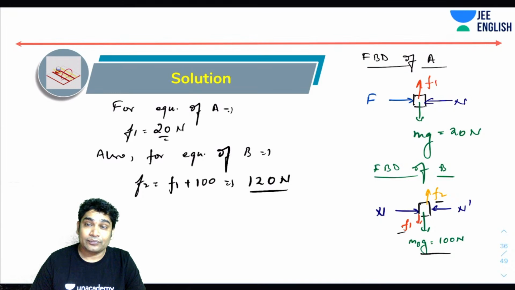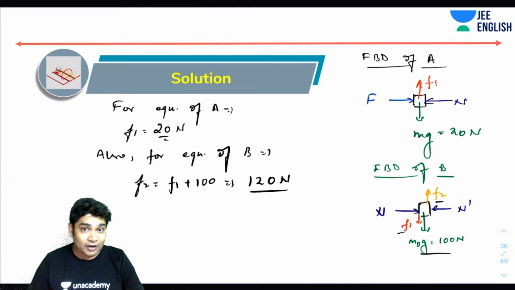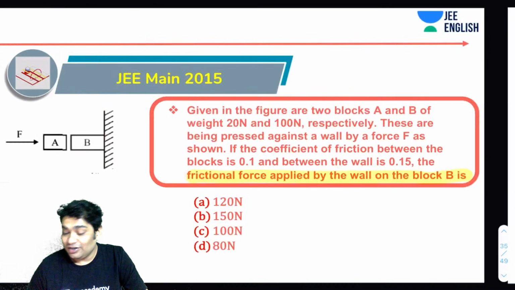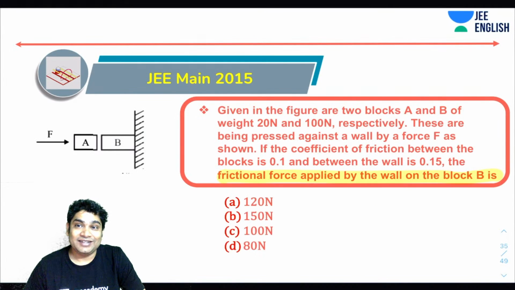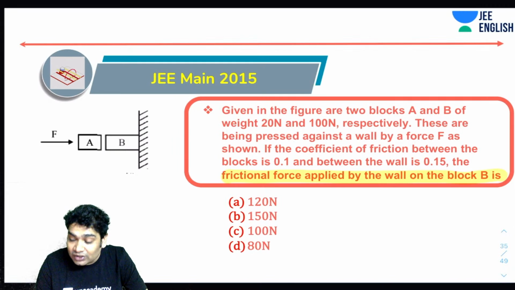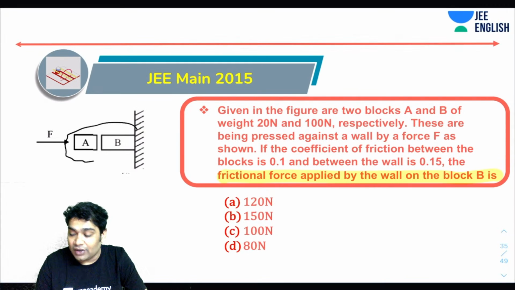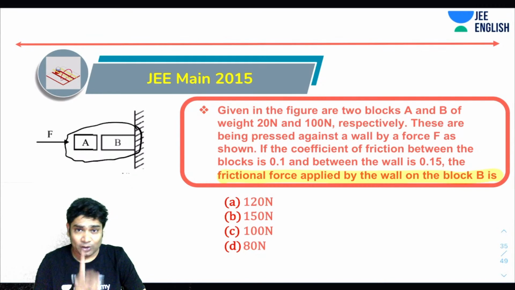Okay. So that is one way of doing this. You could have done it in a shorter way also. So please remember that. Don't forget to find the shortest ways. If both the blocks are in equilibrium, then I can take both of them as one system. If you take both of them as one system, then you could have gotten your answer by drawing a single FBD.